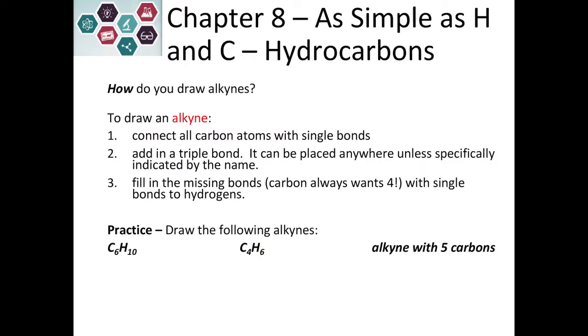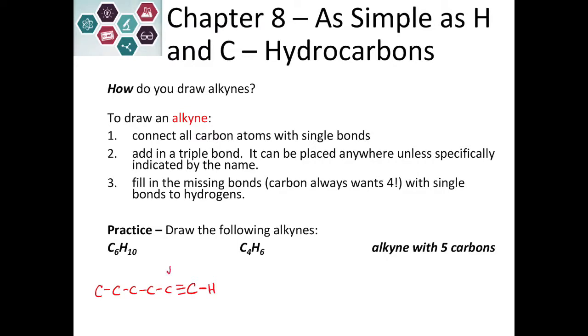For drawing alkynes, it's very similar to alkenes, except now you're going to put a triple bond somewhere instead of the double bond. Again, at this point, it does not matter where you put that triple bond. So for C6H10, in this example, I'm going to put it on the end. Again, you can put it anywhere. This carbon already has 3 bonds, so it only needs 1 hydrogen.